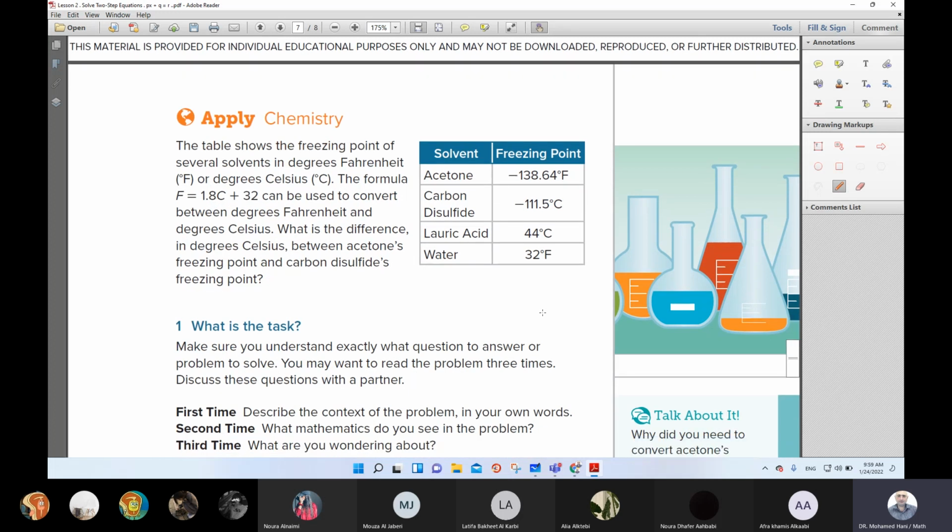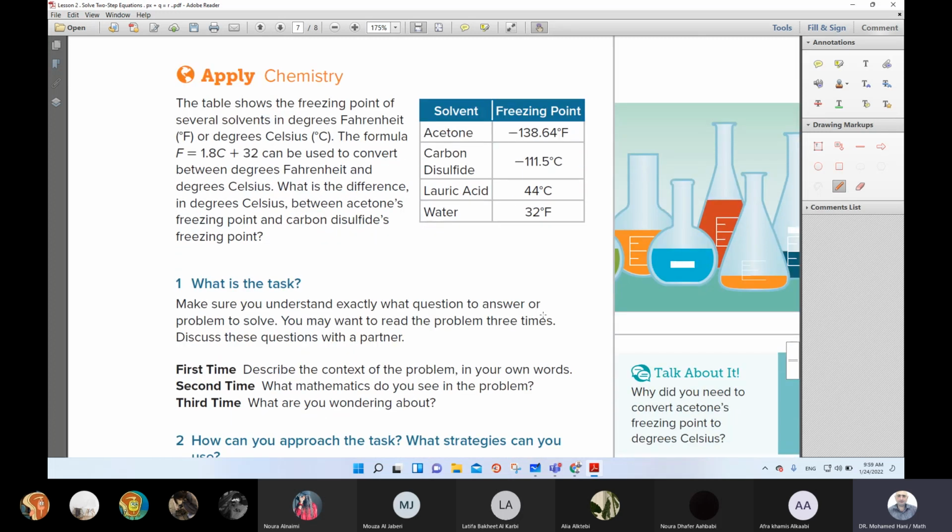In this example, the table shows the freezing point of several solvents in degrees Fahrenheit. F is degrees Fahrenheit, C means degrees Celsius.